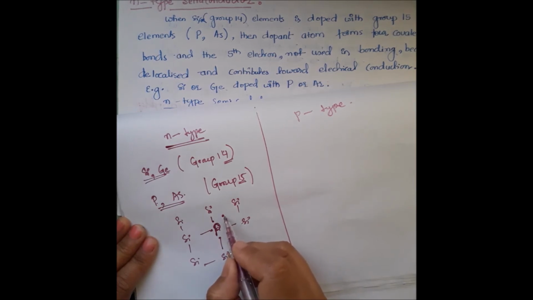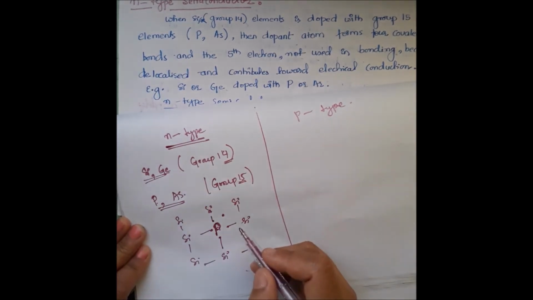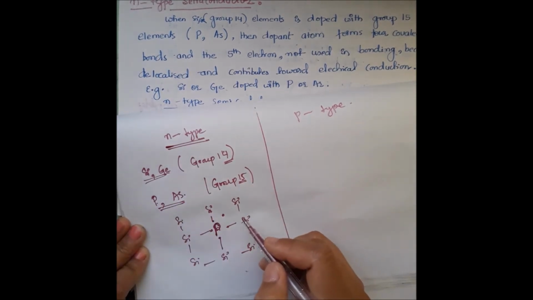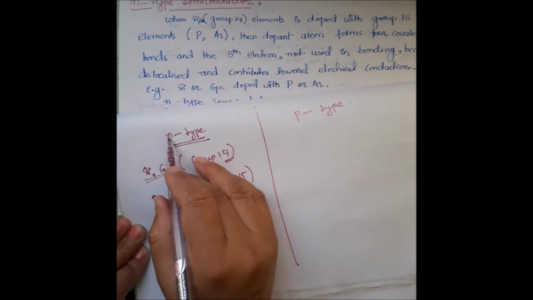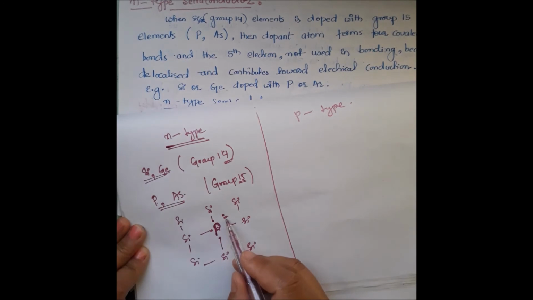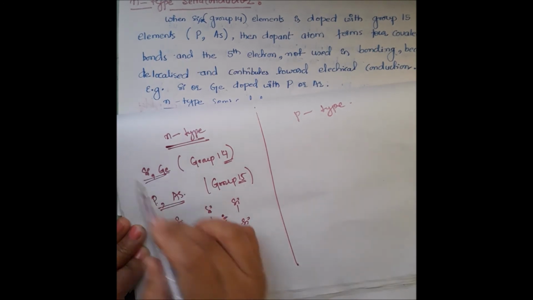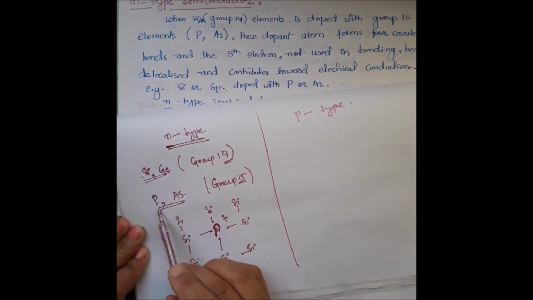Because of this free electron, the conductivity of the semiconductor increases, and it is called n-type because the conductivity is due to electrons, which carry negative charge. So n stands for negative, and it results from the movement of electrons. An example is silicon doped with phosphorus.